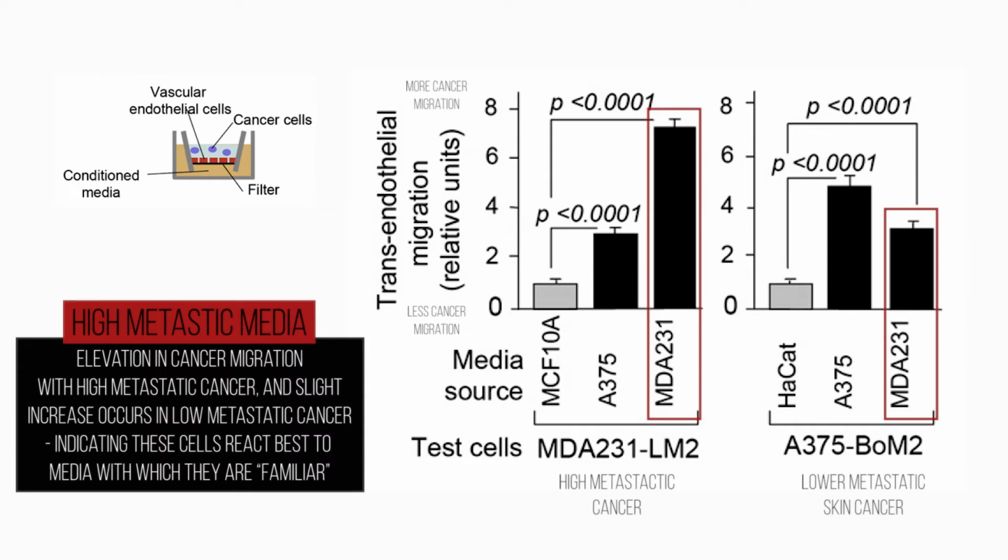So when you have the MDA231 media with the MDA231 LM2 cells, because those correspond together, you see the maximal levels of metastasis. And of course, by comparison of the A375 melanoma, the low metastatic cells, those show decreased levels of metastasis, but certainly still elevated compared to the normal media condition.